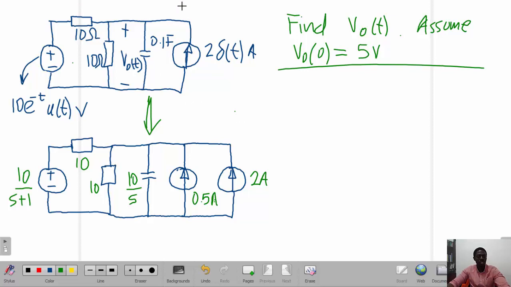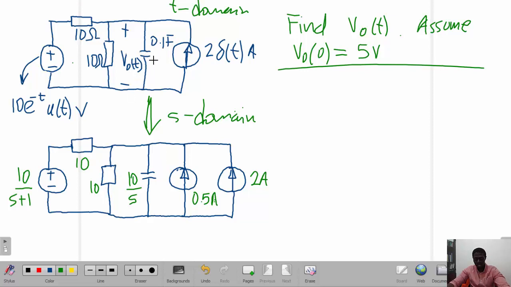So this is a t-domain circuit, and we transform it into an S-domain circuit. In the S-domain circuit we've got 1 over S here, so it simply becomes 10 over S plus 1, and then we have 10 ohms staying the same.